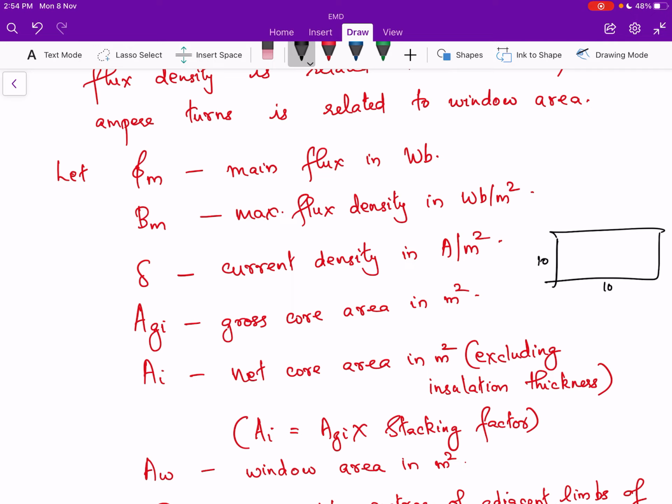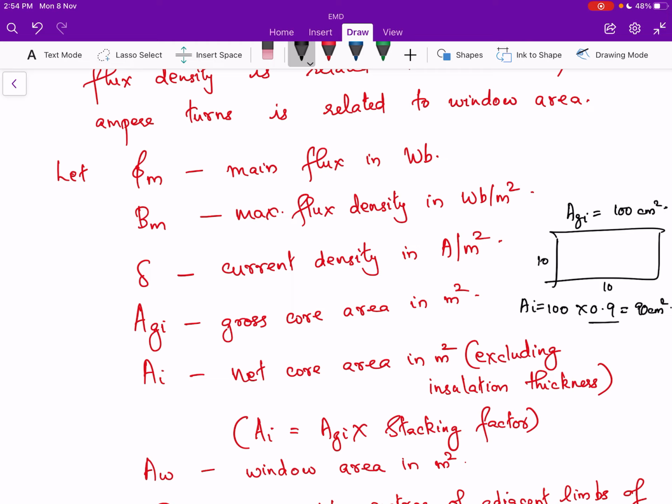Usually we will be assuming the value of stacking factor as 0.9. So if we are taking the stacking factor as 0.9, then we will get 100 centimeter square into 0.9, which is equal to 90 centimeter square. That will be the net core area or the net iron area, and the gross iron area or the gross core area will be equal to 100 centimeter square.